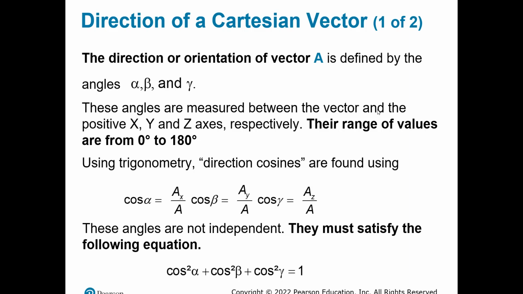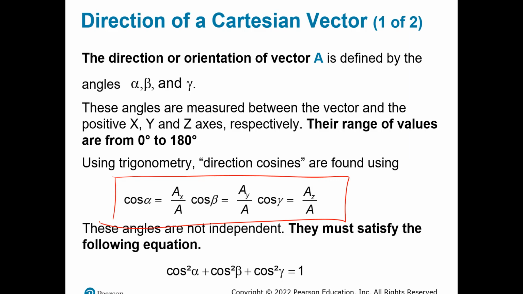All right, a little bit more of definition. The direction and orientation of vector A is defined by angles alpha, beta, and gamma. These angles are measured between the vector and the positive x, y, and z axis respectively. The ranges of values will go from 0 to 180, and right here, by using trigonometry, we need to find the angles of these.